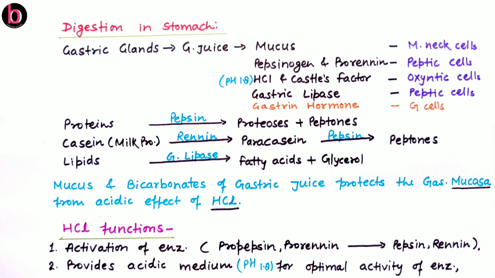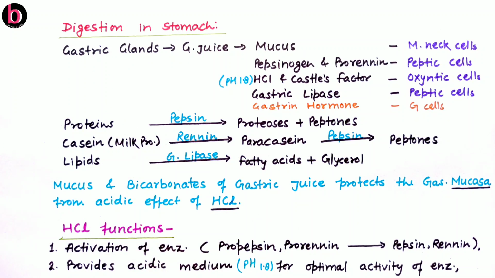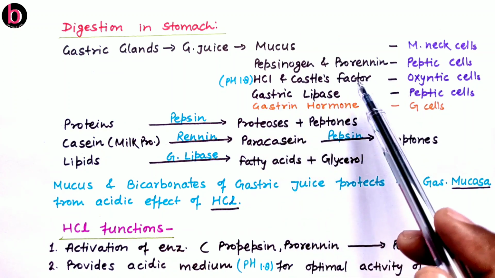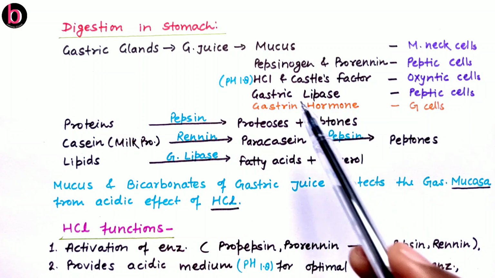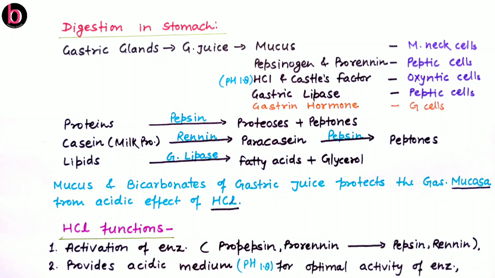Now digestion in the stomach. The stomach, as we discussed, is a J-shaped structure and carries a number of digestive glands inside, all considered collectively as gastric glands. They are for secretion of gastric juice. This gastric juice carries mucus, pepsinogen and prorenin, HCl and Castle's intrinsic factor, gastric lipase, as well as the hormone gastrin.